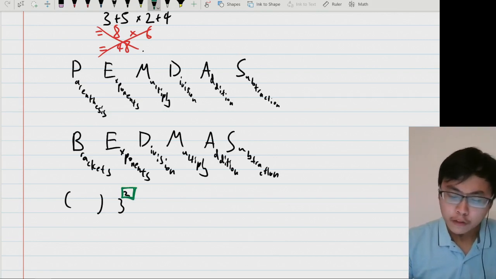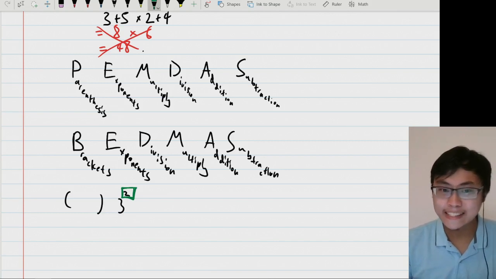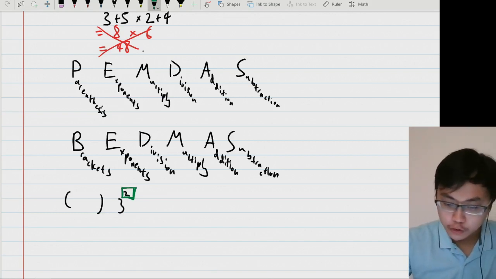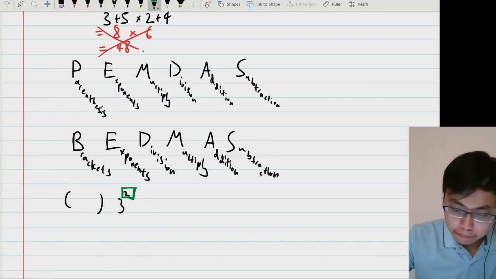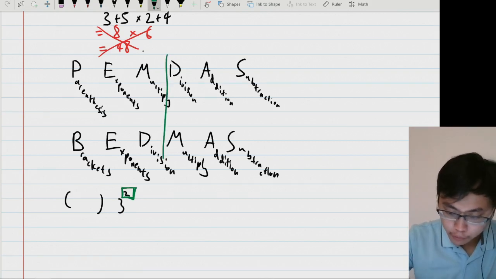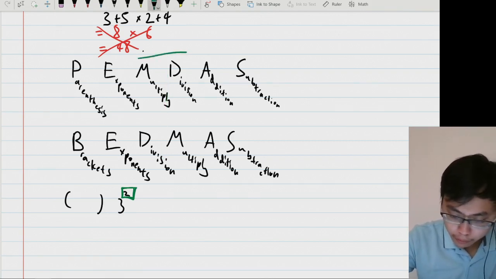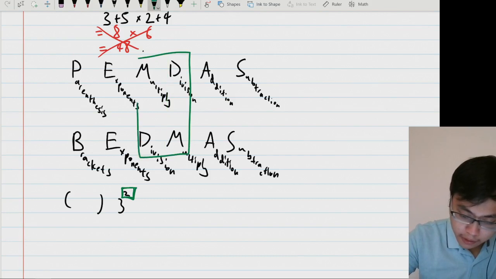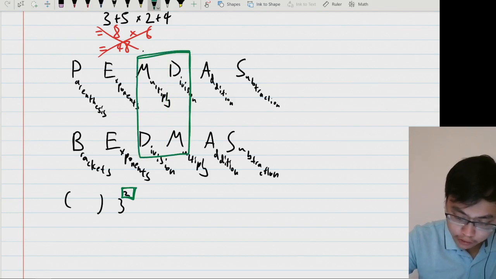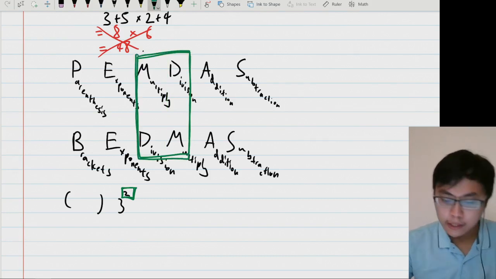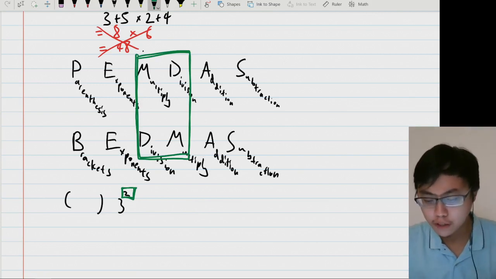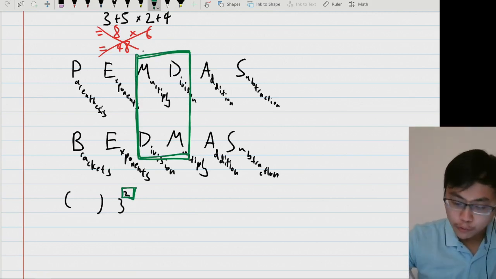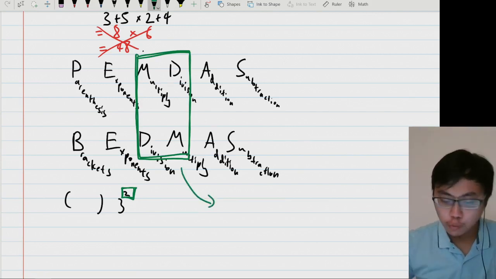Now, the thing you would notice that is slightly different between these two is this middle part, where in PEMDAS it is multiply first, then division, whereas in BEDMAS, it is division first, then multiply. Now, you may be wondering why they are swapped.